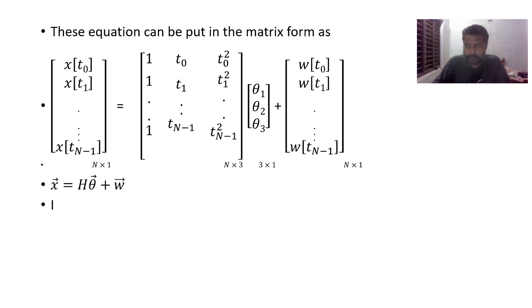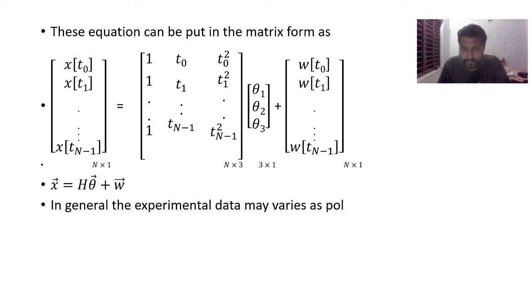In general, the experimental data may vary as a polynomial of order p minus 1, where I can write x of tn as theta 1 plus theta 2 tn plus theta 3 tn square plus and so on, up to theta p tn raised to p minus 1.